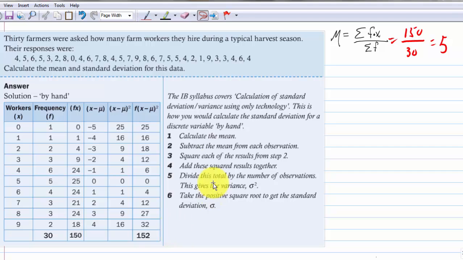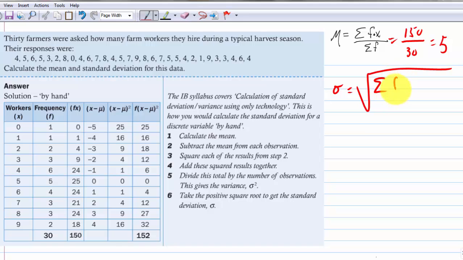And we're going to add that up. So our formula for standard deviation is square root sum of f times x minus mu squared divided by n, or sum of the frequencies.